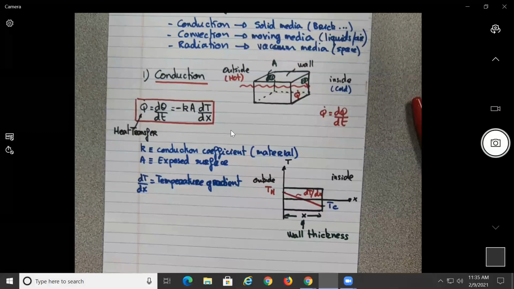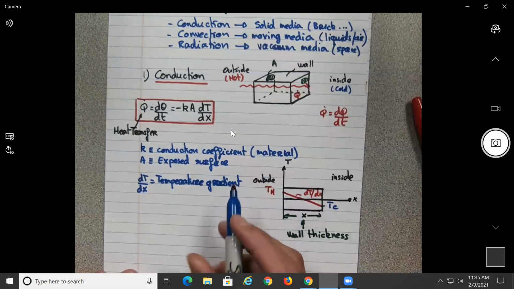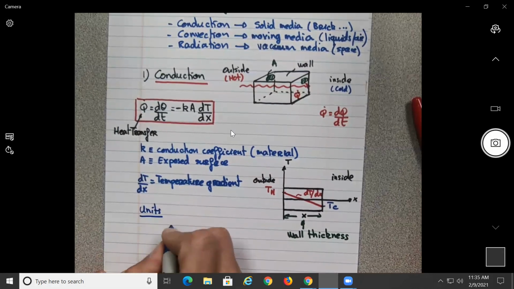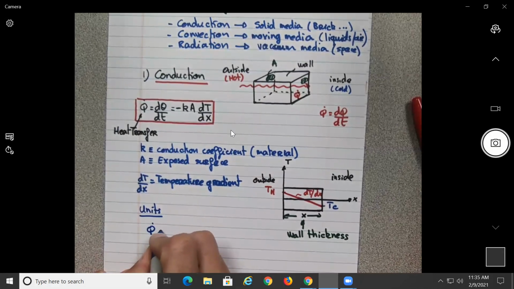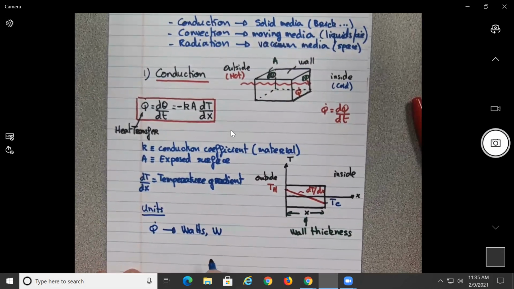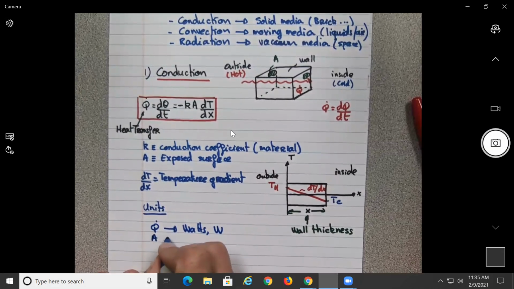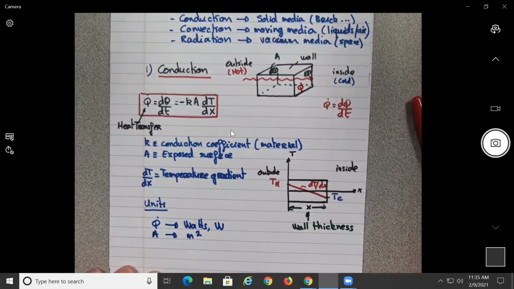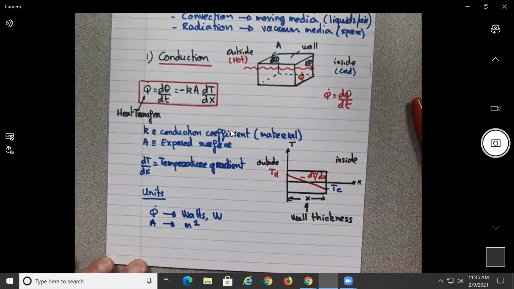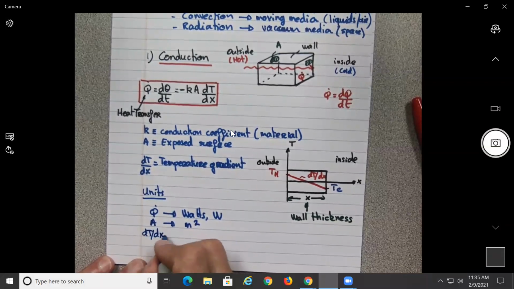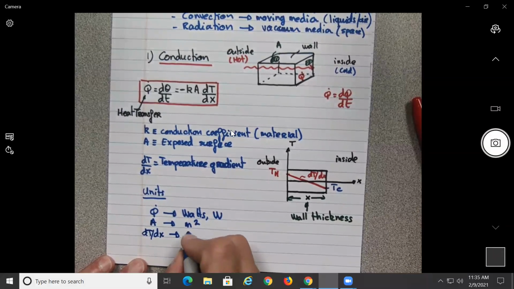So let's look at the units. Basically we have the units for the heat transfer. So Q units. Q is in watts. Obviously, A, which is the area, should be in meters squared. All right, dT/dx should be in what?